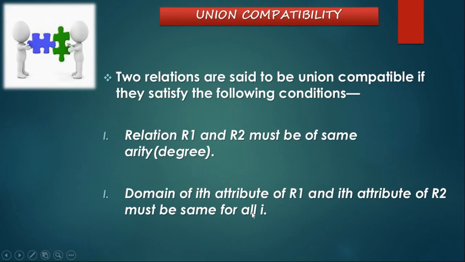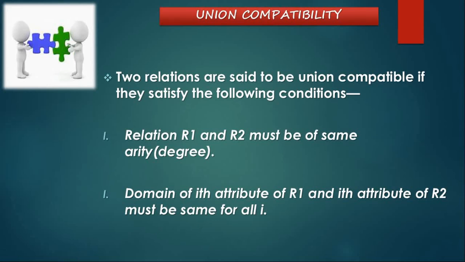The first condition is that both relations should be of the same degree, which means the number of attributes of both relations should be the same. Second condition: the domain of the ith attribute of R1 and the ith attribute of R2 must be the same for all i. This simply means that the domains of both the attributes should be the same.